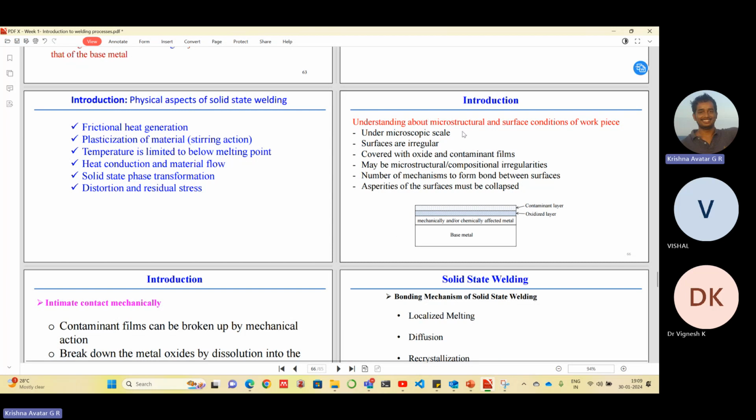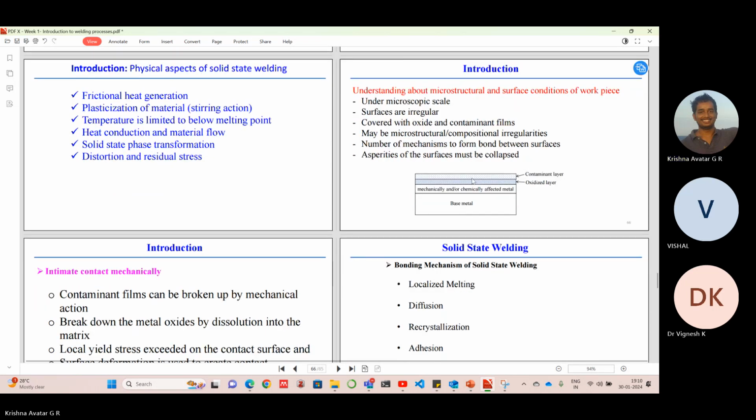Now, first, to understand the macrostructural point of view and the surface condition of the workpiece, isn't it? So at the macro scale, say we have a given base metal. Just above that, we'll have what is known as mechanically or chemically affected metal, and we would have multiple layers: the first layer happens to be the oxidized layer, and a layer above is the contaminant layer, and this generally tends to be the surface condition of any workpiece.